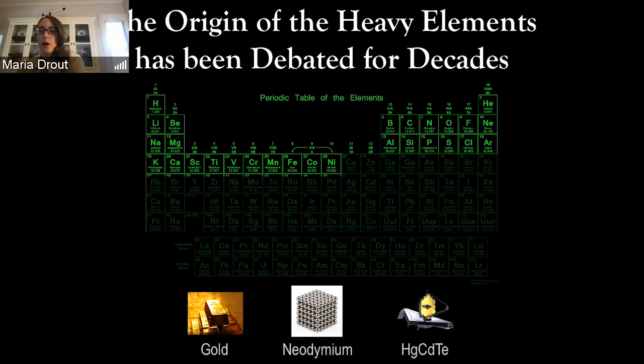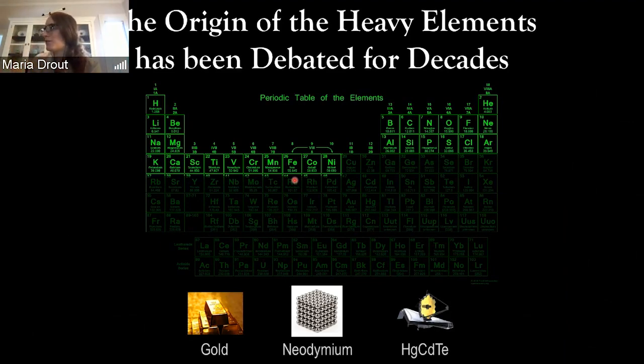So it turns out there are a few options, but it's worth spending a minute talking about how we think you even make these heavy elements, because that will be critical for understanding the astrophysical sites that could lead to them. So the reason that I stopped here at the iron peak up to now is that past that, you no longer gain energy by just fusing together smaller elements.